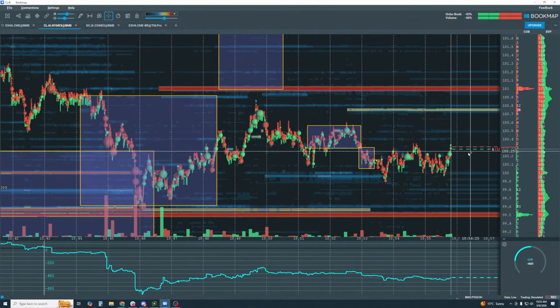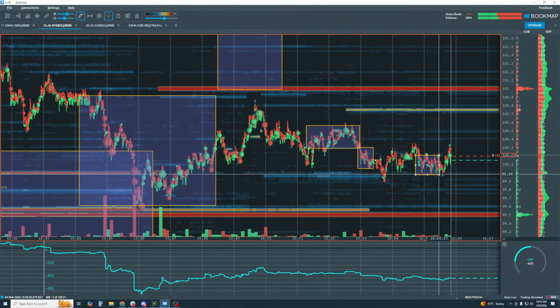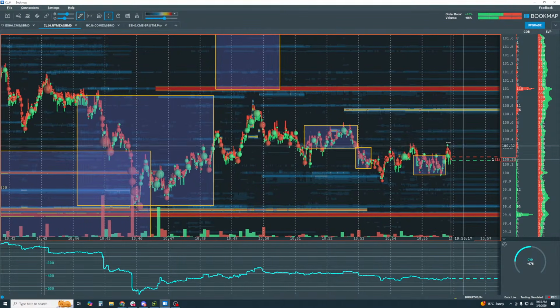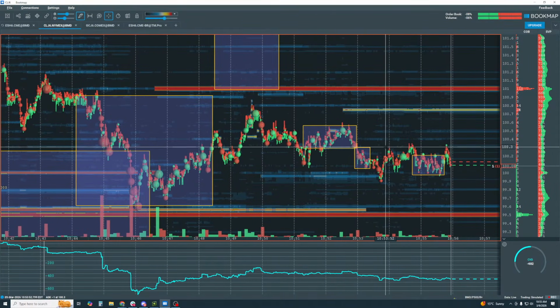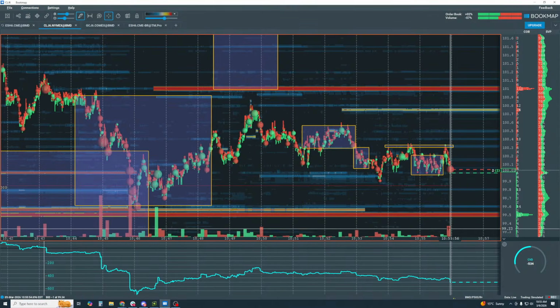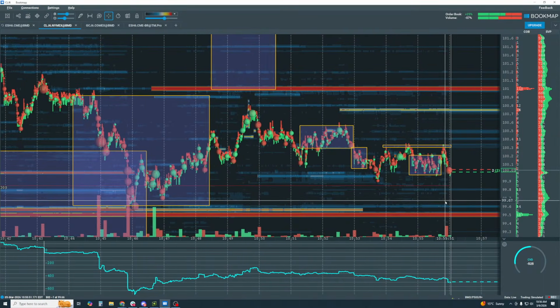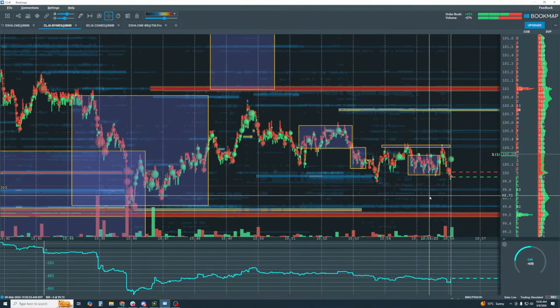Okay, so now we've got some sellers trapped here as well. Okay, same scenario. We've got to get back up above this 30 level here on buying. Okay, it's not happening right now.